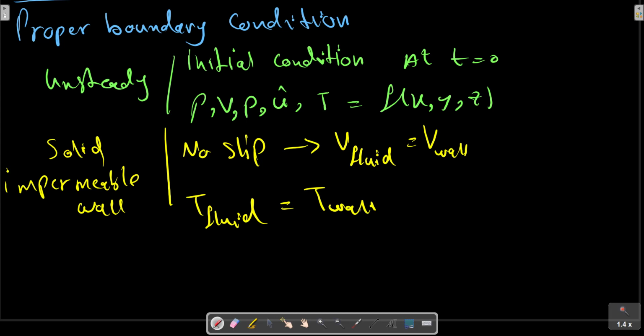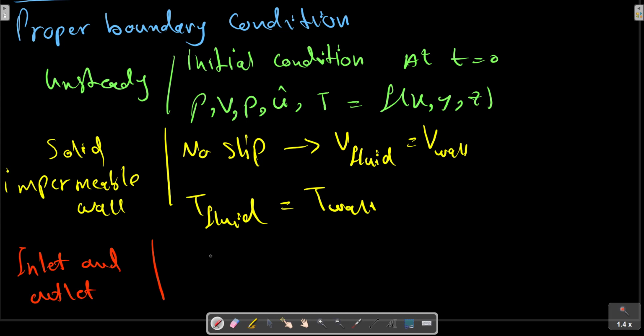Second, at any inlet and outlet section, the complete distribution of velocity, pressure, and temperature must be known for all times.